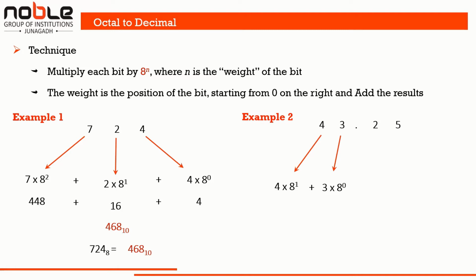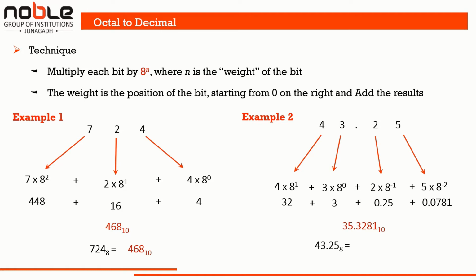Again for the fraction part, 2 into 8 raised to minus 1 plus 5 into 8 raised to minus 2. Finally the answer is 35.3281 decimal. It means 43.25 octal is equal to 35.3281 decimal.